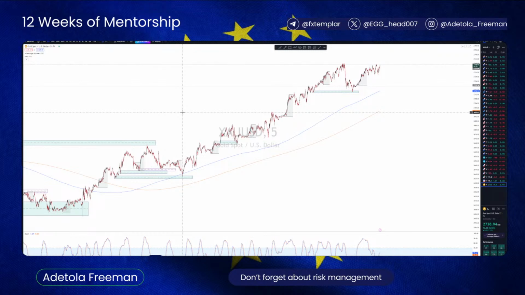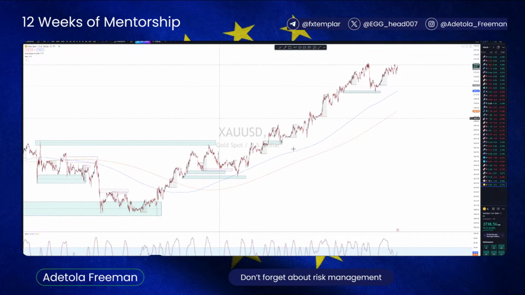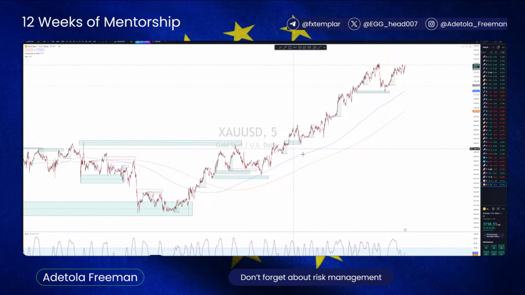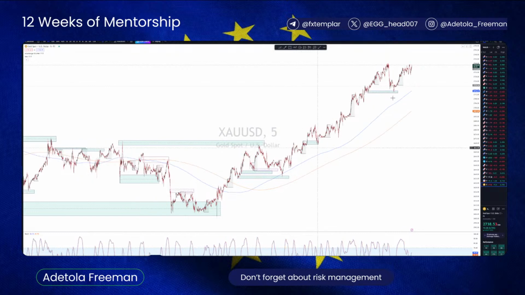The simple approach is this: when the moving average is above the smoothing average, you can see the blue is above the orange, and your stochastics is in the oversold position, you're looking for buying opportunities.